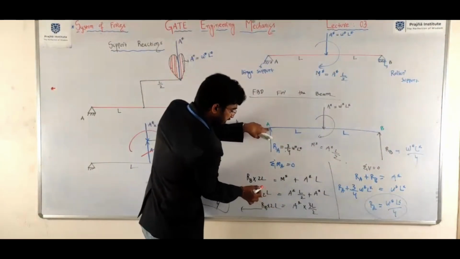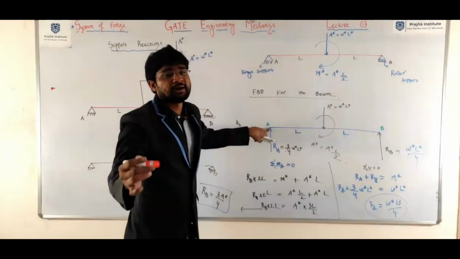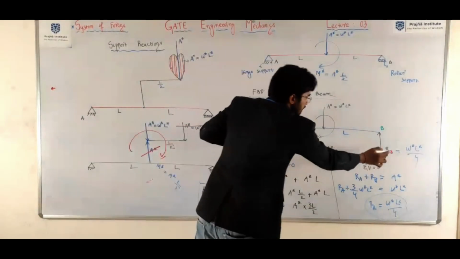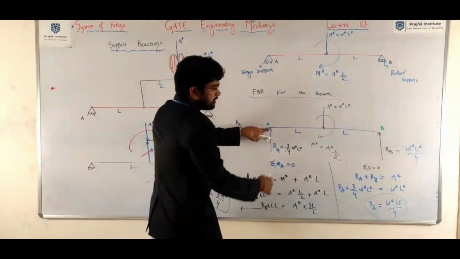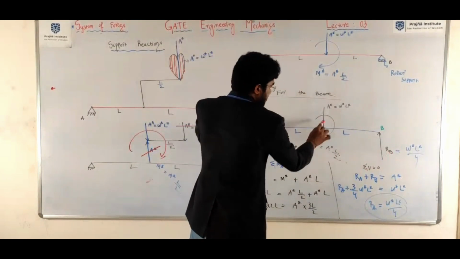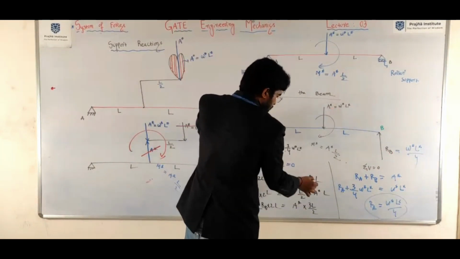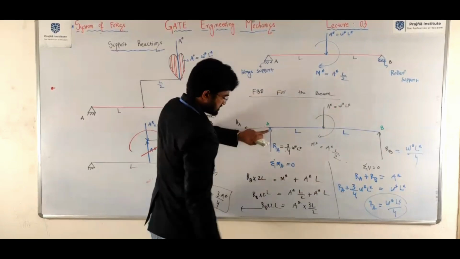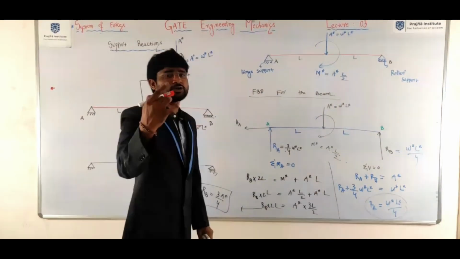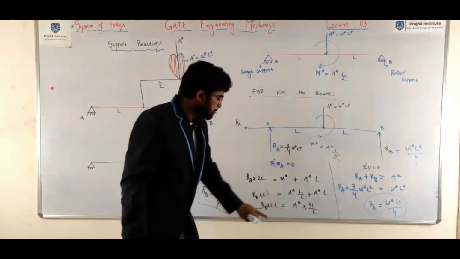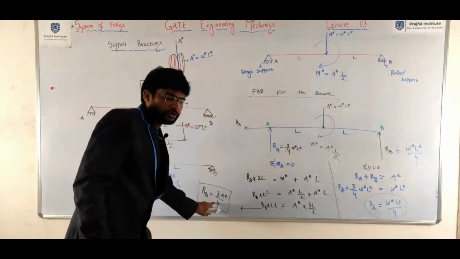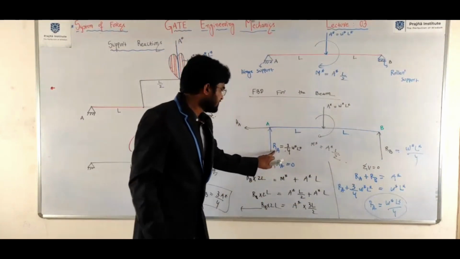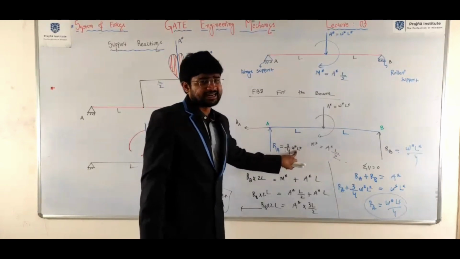Anti-clockwise. Sum of the anti-clockwise couples equal to sum of the clockwise couples. Now RB into 2L equals M star plus A star into L. These two are clockwise. Finally, RB equal to 3A star by 4, 3 by 4 into W star L star.